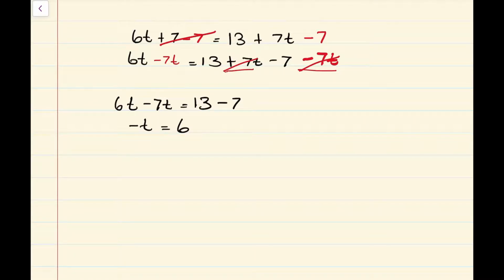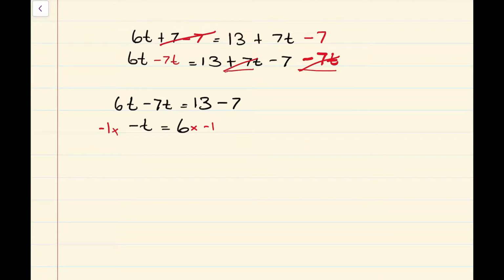And to do that, all we would have to do is multiply both sides of the equation by -1. So if we multiply this side of the equation by -1, and multiply this side of the equation by -1, two negatives make a positive.